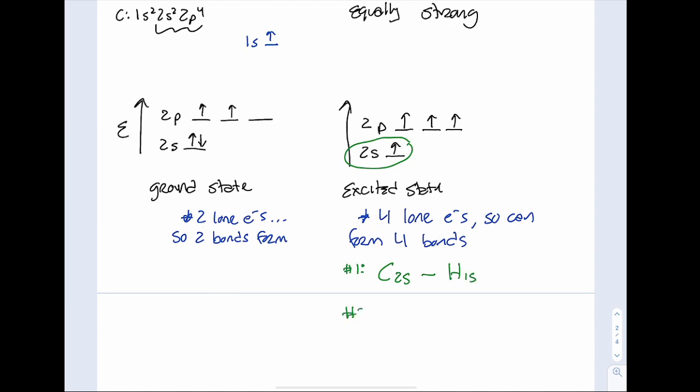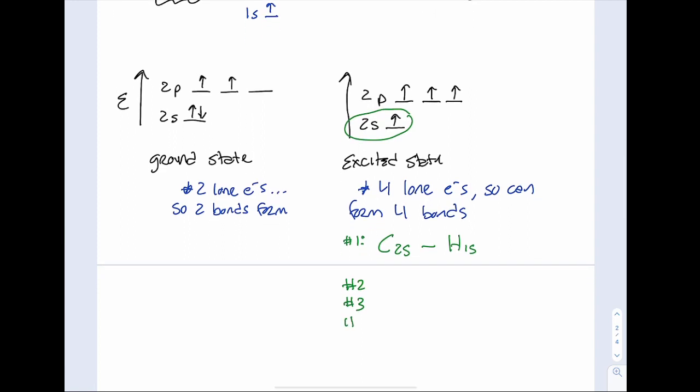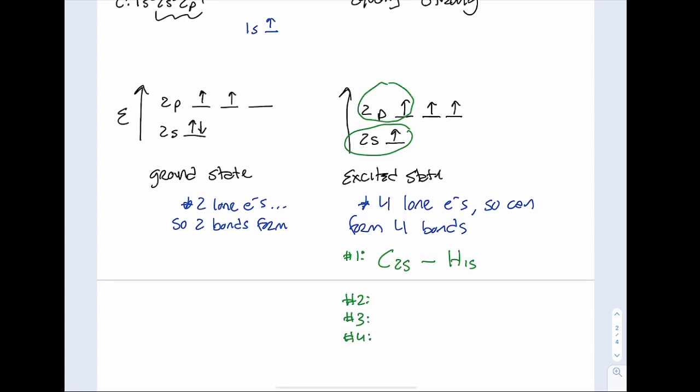And then bonds number 2, number 3, and number 4 would be the overlap of a 2p of carbon and a 1s of hydrogen. That's all hydrogen has. My other one, carbon's 2p and hydrogen's 1s.